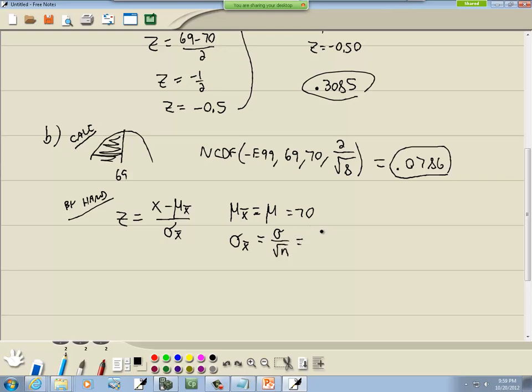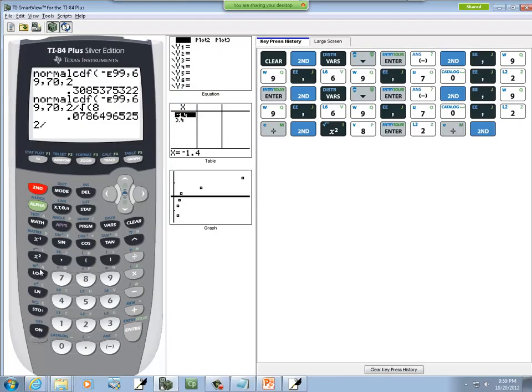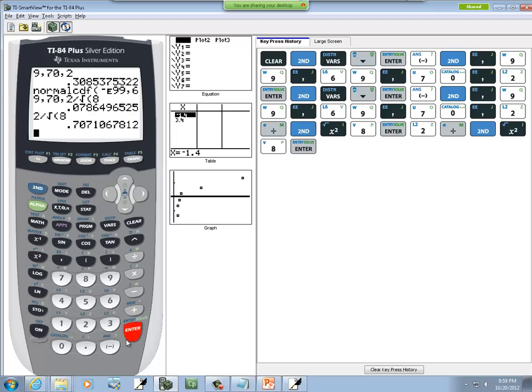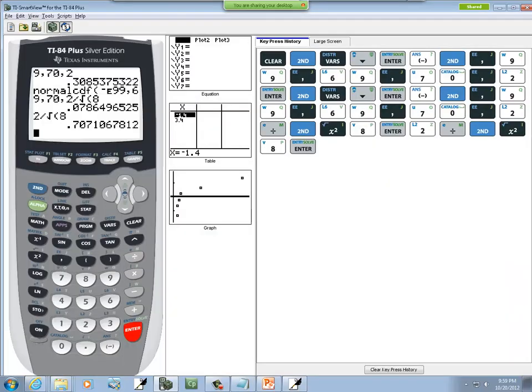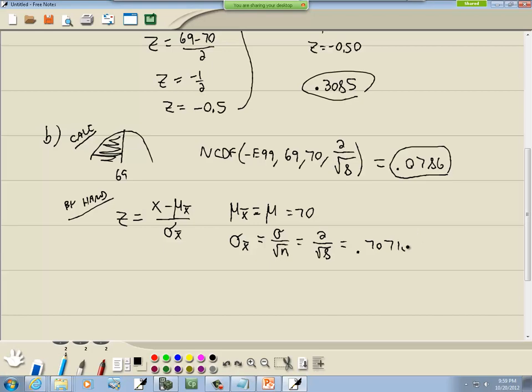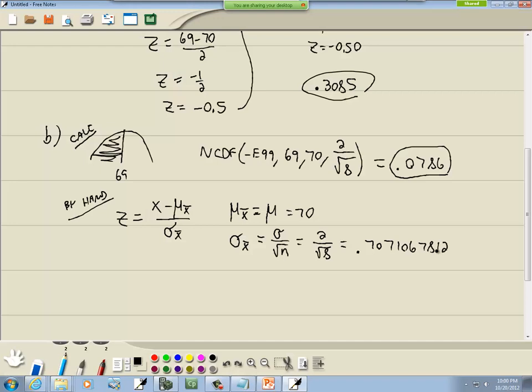Well, sigma is 2 divided by the square root of n, which is that. Let's see what that gives us. So 2 divided by second x squared, 8, enter. 0.70710678 and so on. You don't want to do rounding on these, not until the appropriate time.